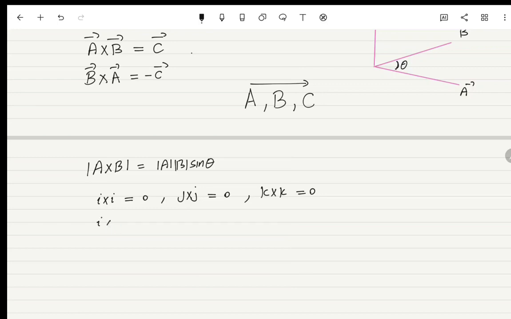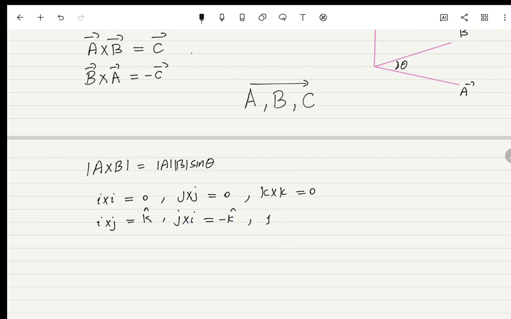Now, I cross J equals a new vector perpendicular to them. And remember, it's cyclic. After I, it's J. So in this case, it's positive K hat. Now, J cross I, in this case, after J, it's K. It's not I. The answer is minus K hat.